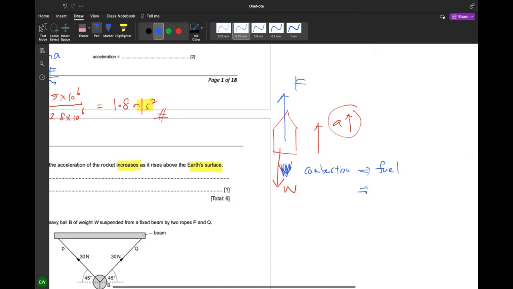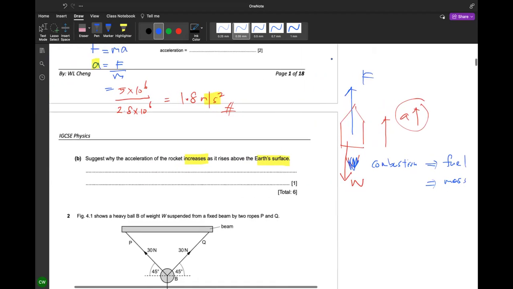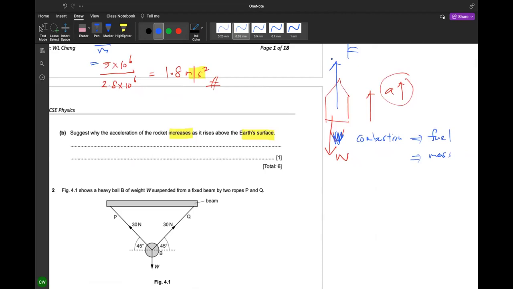What will happen to the mass? As it burns, it becomes lighter. When it becomes lighter, it will go up more because of greater resultant force. The fuel is used up, it burns less and less, and it becomes lighter and faster. Okay, write in English. Try to write and see.